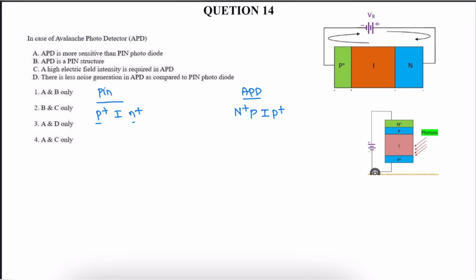And the PIN diode doesn't have a high intensity electric field in the intrinsic region. But the avalanche photodiode works on the principle of impact ionization.